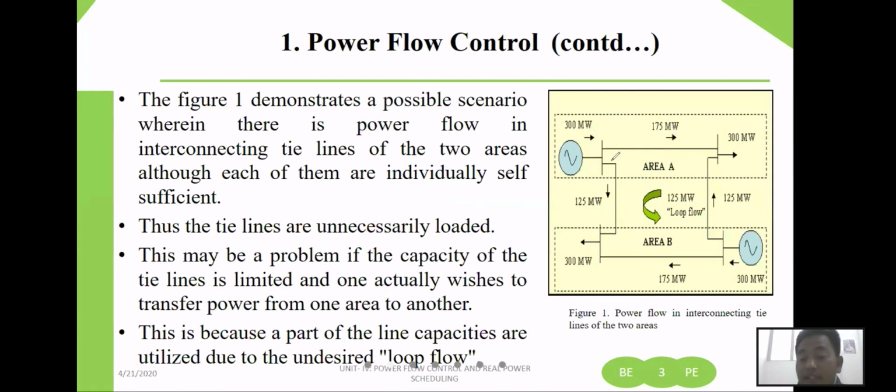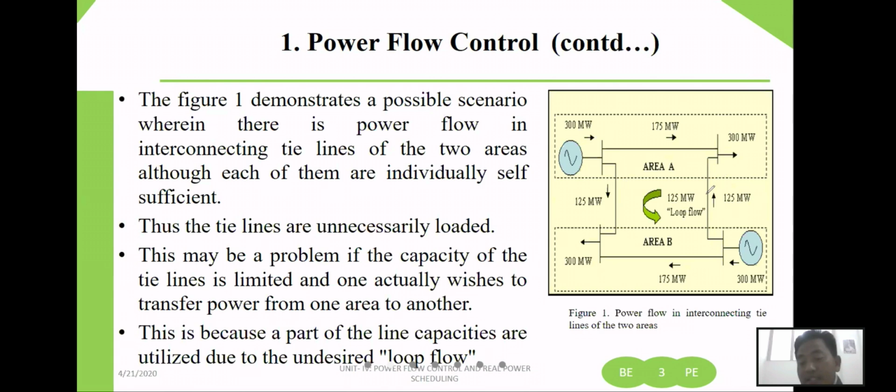So if you connect this line like this, area 1 and area 2, that is known as a tie line, right? If you connect area 1 with its neighbor area 2, that line is known as a tie line. In this case, area 1 generation will meet the load, similarly area 2 generation will meet the load.